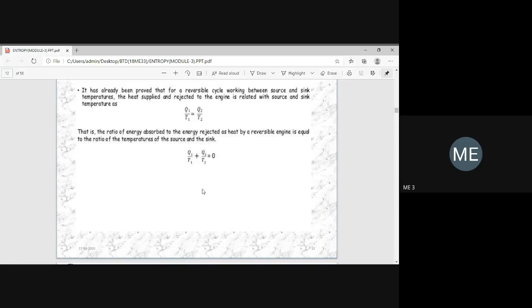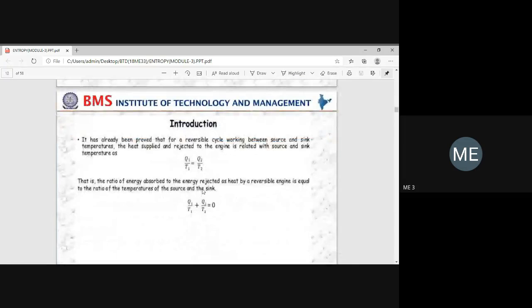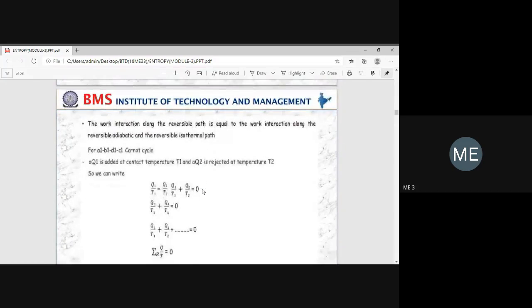But here you see we are having a number of Carnot cycles. So we can write Q1 divided by T1 plus Q2 divided by T2 plus Q3 by T3 plus Q4 by T4, like that, up to n number of cycles. Q1 by T1 plus Q2 by T2 equals 0 for the first cycle.